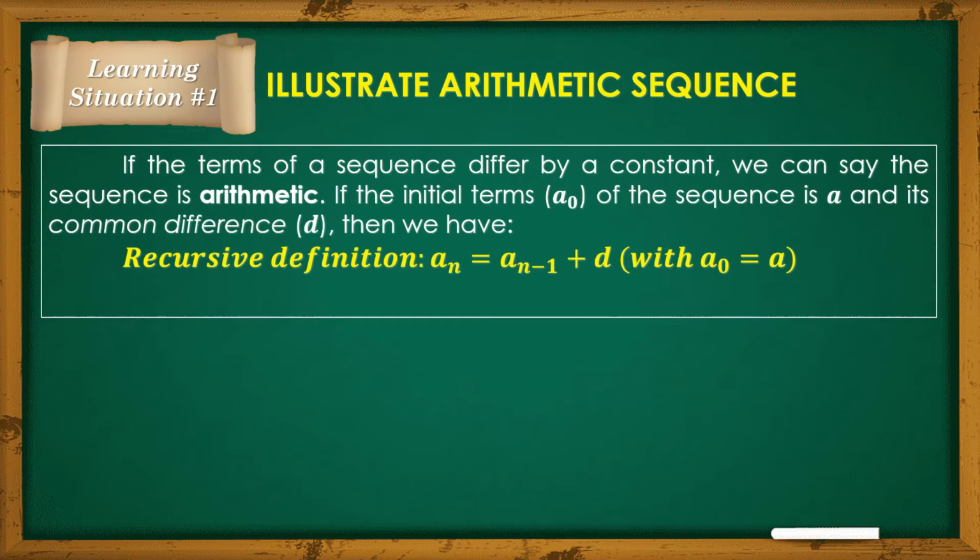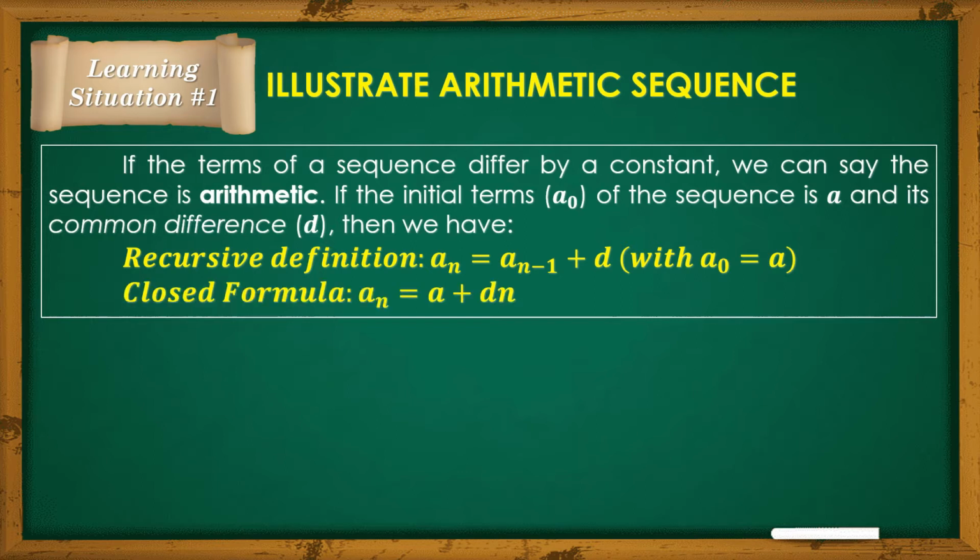May tatawagin tayong recursive definition or yung definition ng arithmetic sequence na nagsasabi na ang mga nangyayari sa arithmetic sequence ay paulit-ulit at pare-parehas. a sub n equals a sub n minus 1 plus d with the initial term a sub 0 equals a. So, ibig sabihin, ito yung magiging recursive definition ng isang arithmetic sequence.